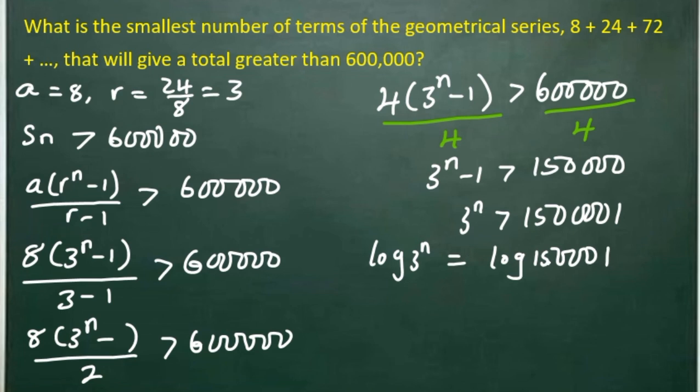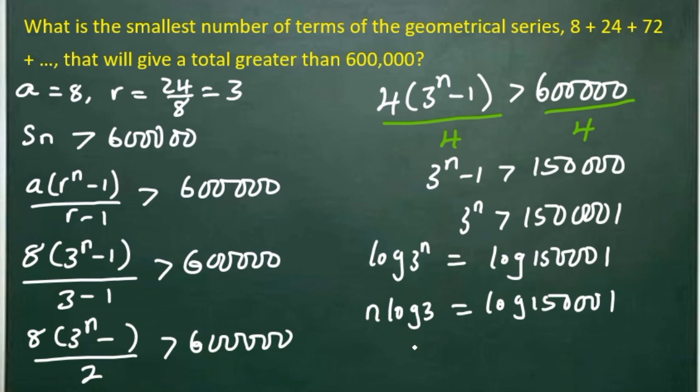By the property of logarithm, the n will come down and multiply log 3, and this will give us n log 3 equals log 150,001.